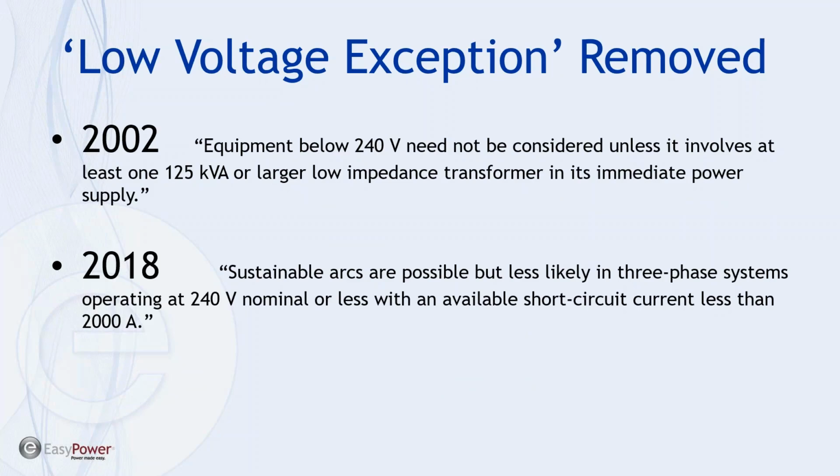Okay, so in the old standard, 1584, 2002 version, the paragraph or the verbiage that was labeled low voltage exception stated that equipment below 240 volts need not be considered unless it involves at least one 125 kVA or larger low impedance transformer in its immediate power supply.